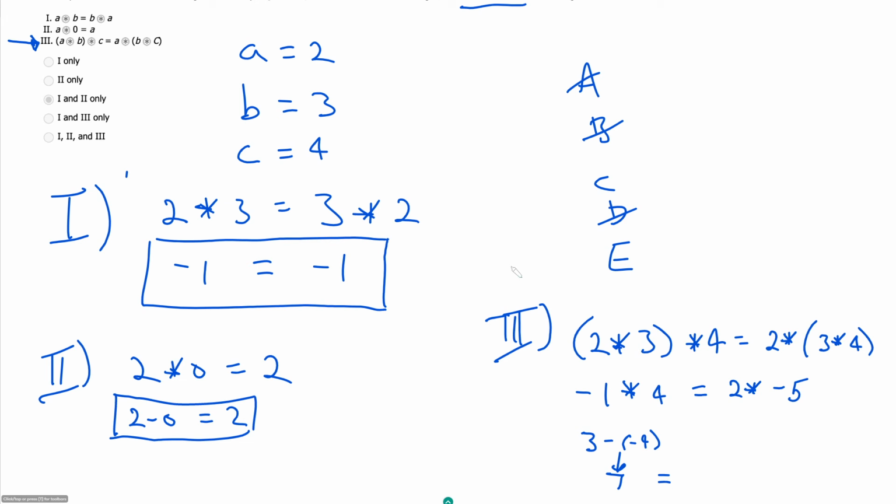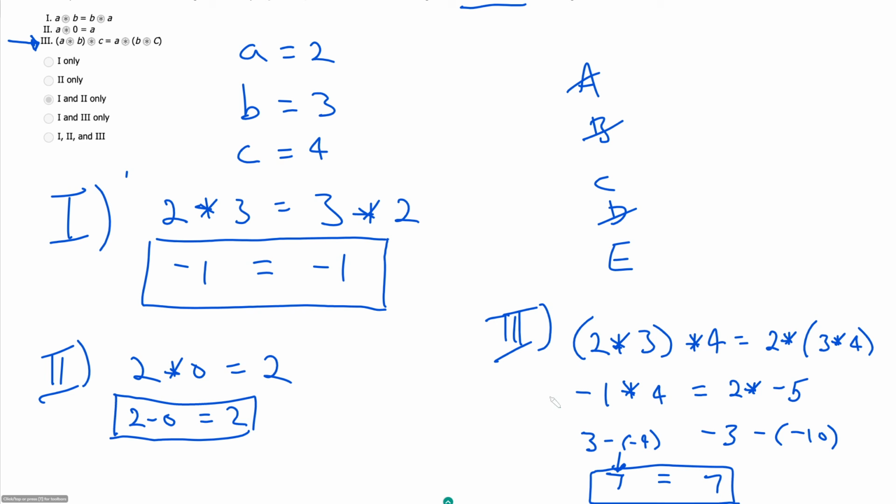And is that equal to 2 star -5? That will be 2 plus -5, which is -3, minus 2 times -5, which is -10. So that's -3 plus 10, which is 7. So here they are equal to each other.